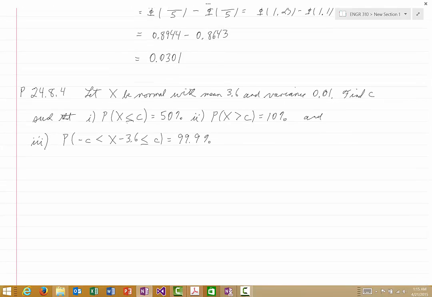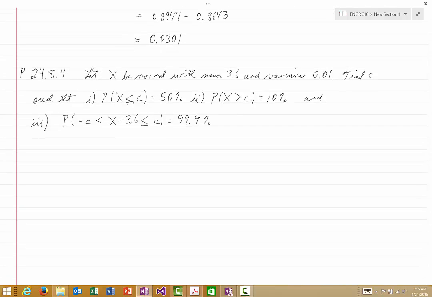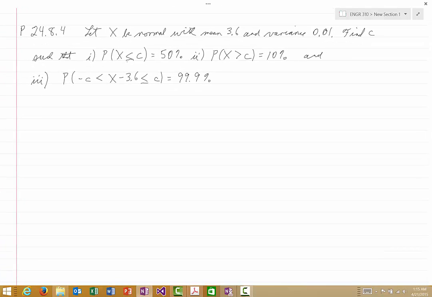Okay, so here's what we want to do for this problem, and let's try to figure out how we might go about doing this. Let's look at part 1 first. Now, we want the probability that X is less than or equal to C to be 50%.